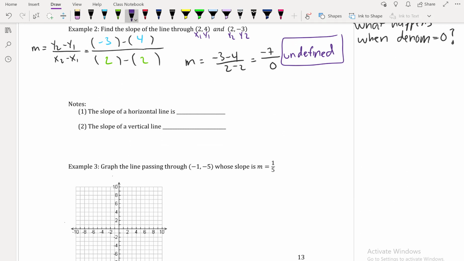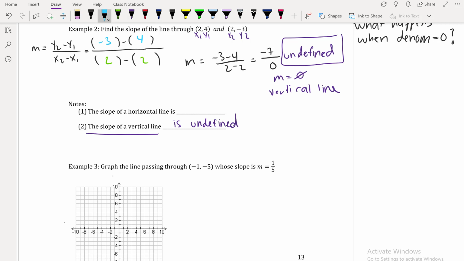We do know that whenever the slope is undefined, this is going to be my vertical line. So when it says the slope of a vertical line is undefined, we just did that.